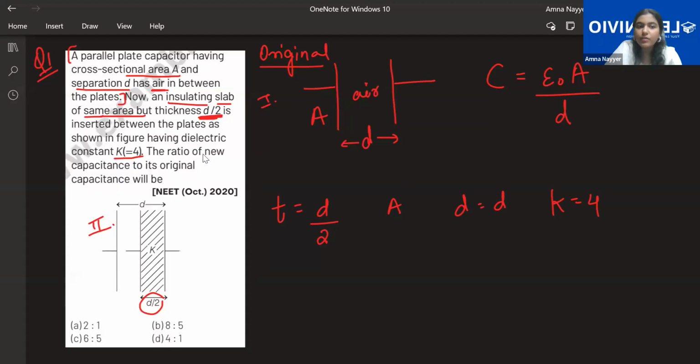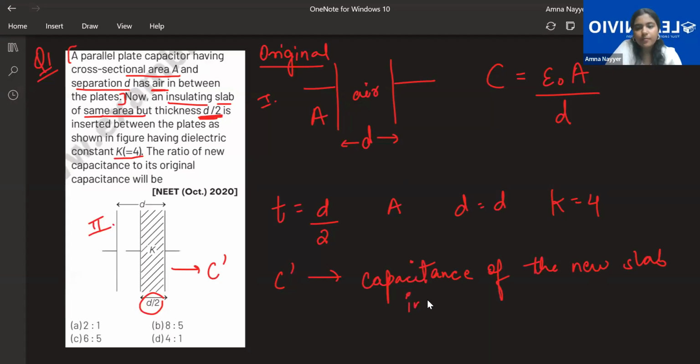It is asking for the ratio of the new capacitance. Let's say the capacitance with the new slab inserted is C dash, whereas C is the original capacitance.